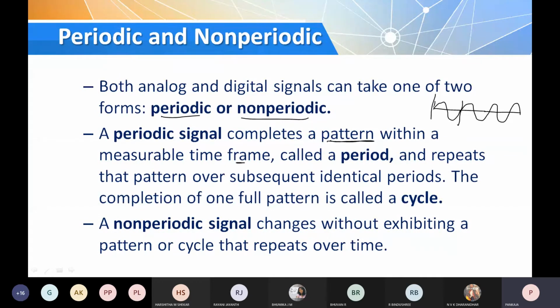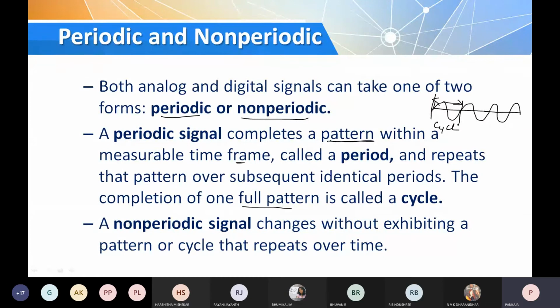This is called a cycle, one negative and one positive cycle, the full pattern I have considered, and this cycle can be repeated for the remaining period of time. So this is called a periodic signal.